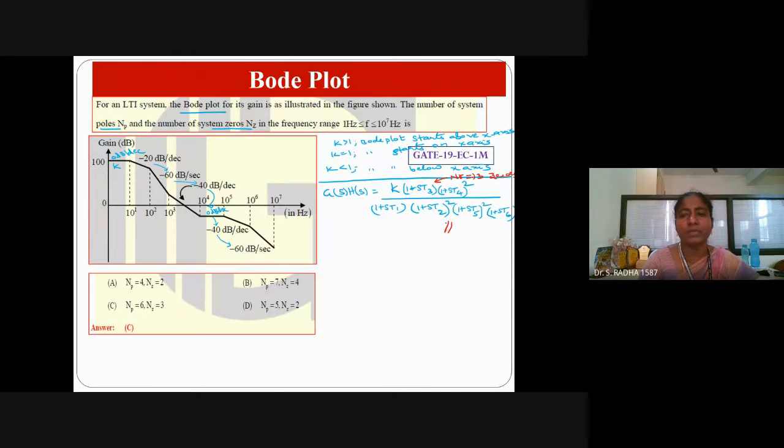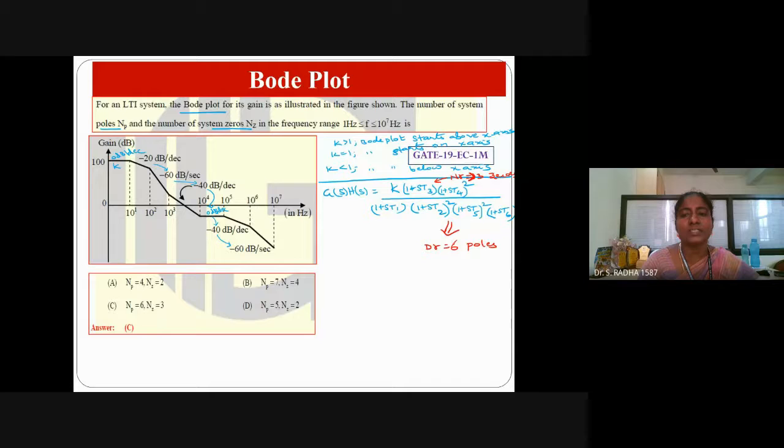From the denominator, the first power is 1, the next power is 2, totally 3, the next power is 2, totally 5, and one more with power 1, 5 plus 1, 6. In the denominator we are getting 6 poles. Numerator is giving 3 zeros, denominator is giving 6 poles.